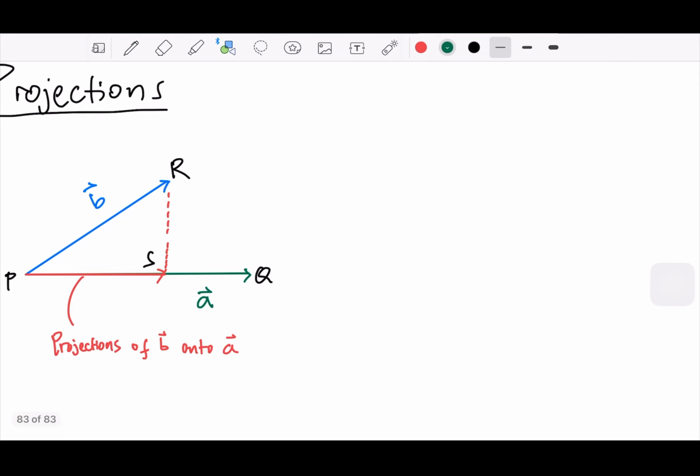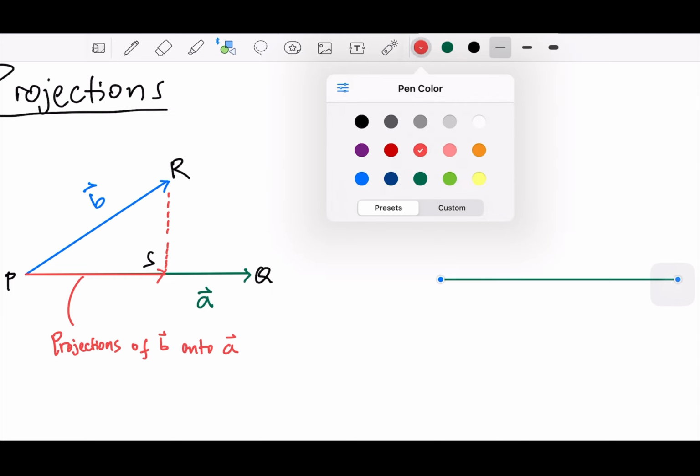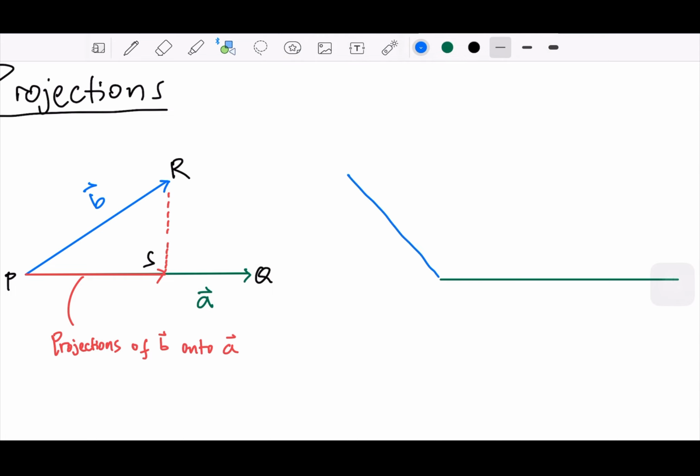We can also have, maybe this is B, and this is A, then the component or the projection, this is the projection. This is also the same projection of B onto A.